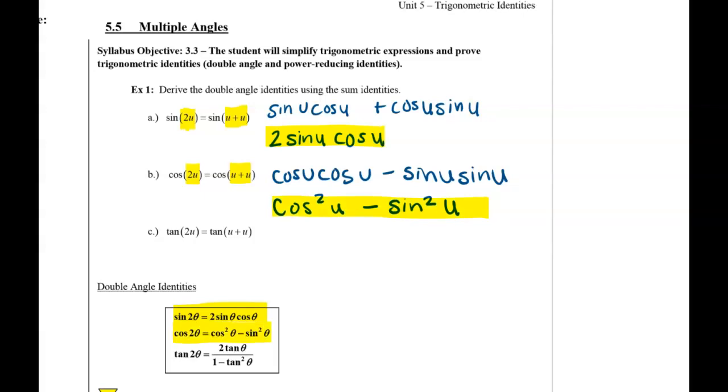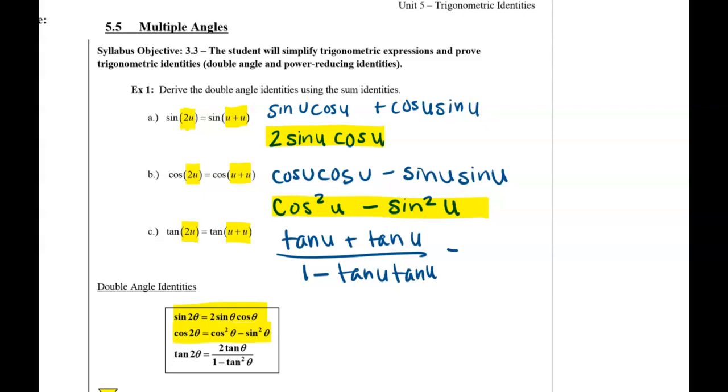Sine squared u. And there's my second identity, which is right here. Third identity, tangent 2u is the same thing as tangent of u plus u, and now we're using the sum identity for tangent. So the sum identity is going to be tangent u plus tangent u over 1 subtract tangent u tangent u.